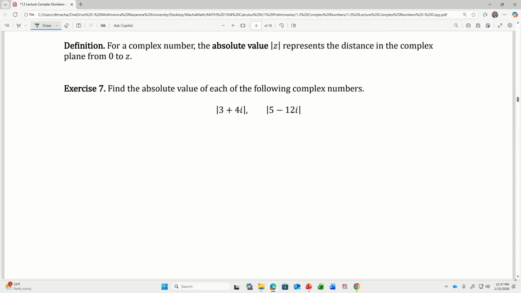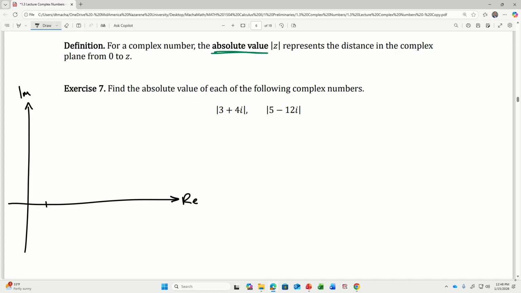Okay, for a complex number, the absolute value represents the distance in the complex plane from 0 to z. So in exercise 7, find the absolute value of each of the following complex numbers. And to do this, I'm going to draw a little picture for you. Here's my imaginary axis. Here's my real axis. And the first number I'm looking at is 3 plus 4i.